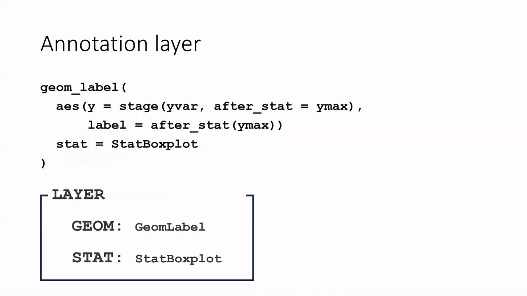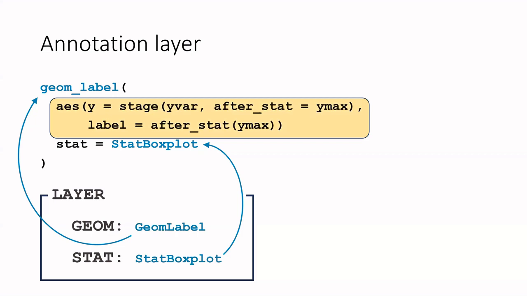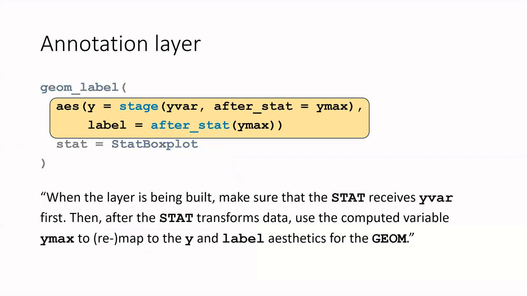So the box plot annotation layer can now be written like this, where we now do recycle the box plot stat and combine it with the existing label geom. But we also do a little extra work to make sure that the two fit together in a layer, because remember that they don't out of the box. So now we're starting to get something like a proper grammar at the sublayer level.